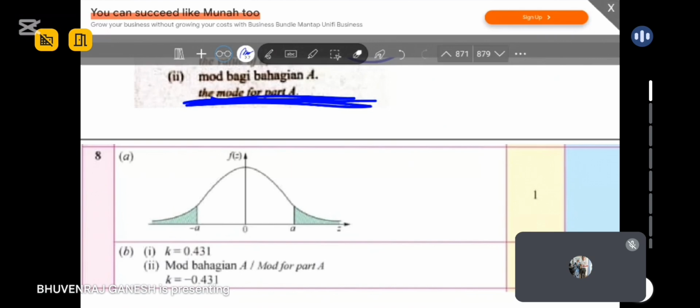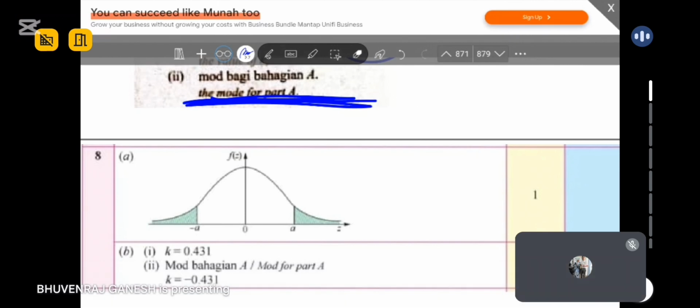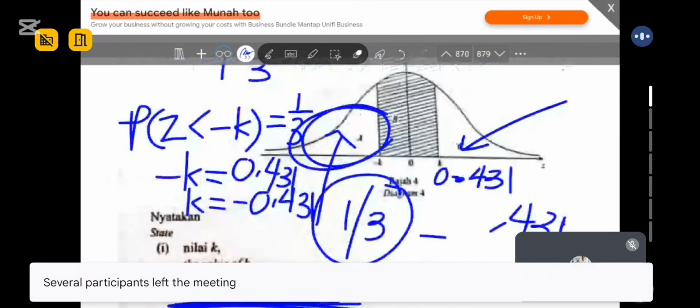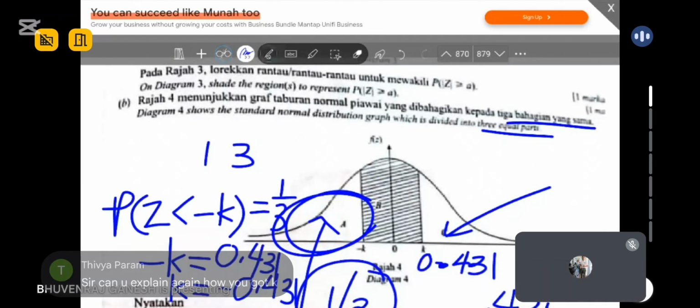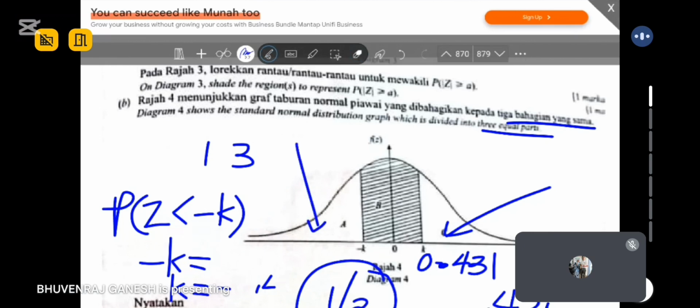Just your negative Z-score. That's all. Because that Z-score value will give you the probability 1/3. And 1/3 is the most frequent probability, because 1/3 is the largest you can go, since the total probability for region A is 1/3.